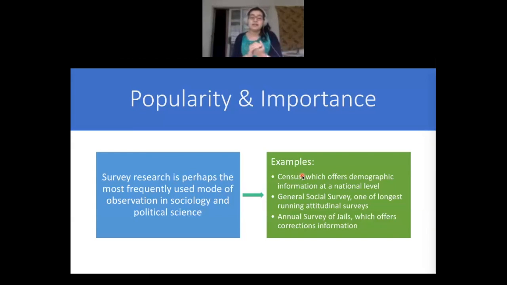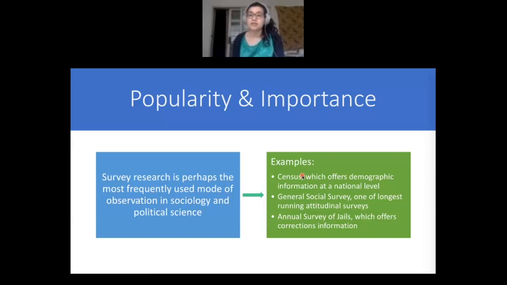So, like I said, surveys are very, very popular. It's probably the most frequently used not only in social science research, but with corporations and whatnot. Some examples that you may have heard of: one definitely is the census, which we'll use as an example later and talk more specifically about how the census tries to count everyone in the US and the methods that it uses.